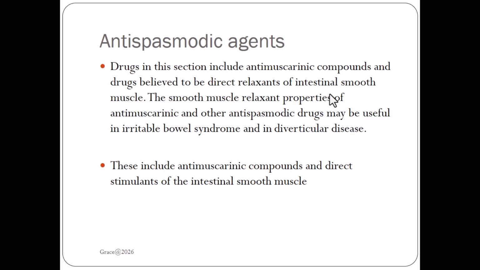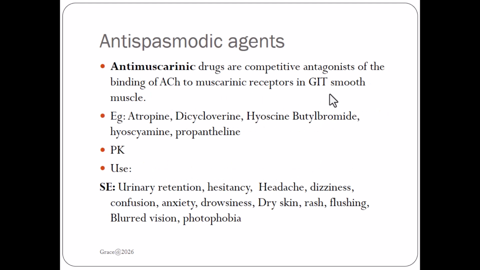Those smooth muscle relaxant properties of the antimuscarinic agents and other antispasmodic agents may be useful when you are managing what we call irritable bowel disease. The presentation that irritable bowel disease will give to your patient is diarrhea. So when you suspect it is a result of irritable bowel disease, you give this specific medication.